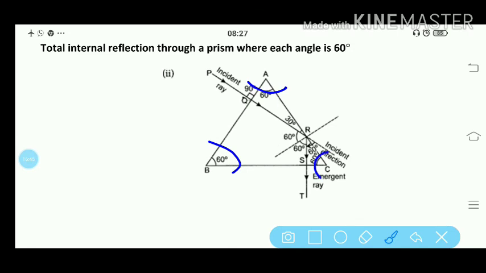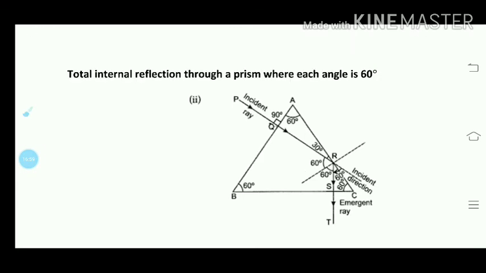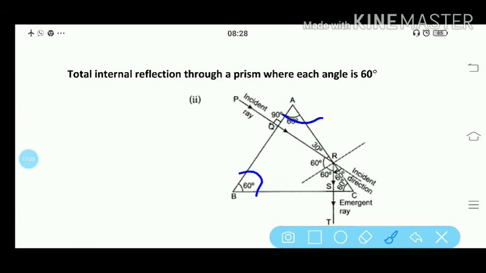Our incident ray is coming and striking the prism. Here total internal reflection is also happening. Now let's consider how it happens. Such a prism can be used to deviate a ray of light through 60 degrees by total internal reflection.